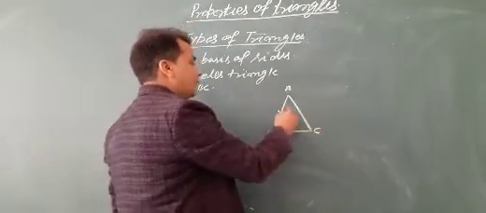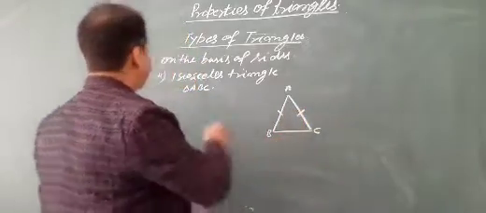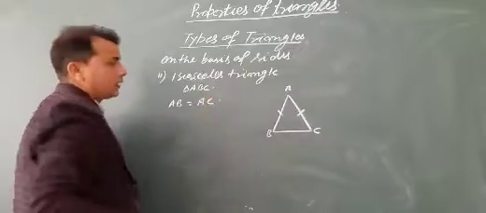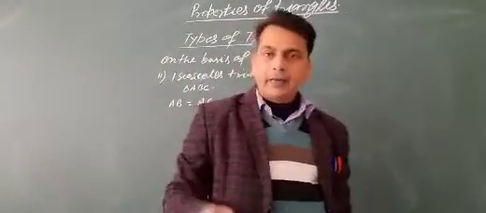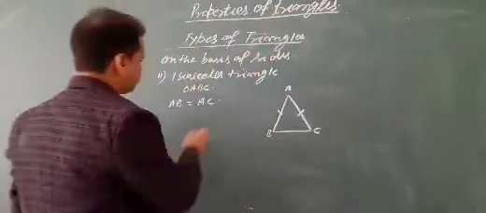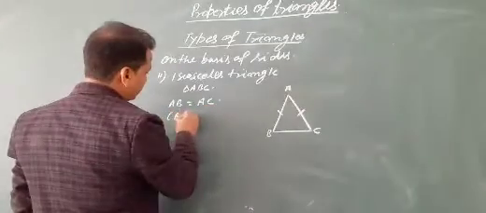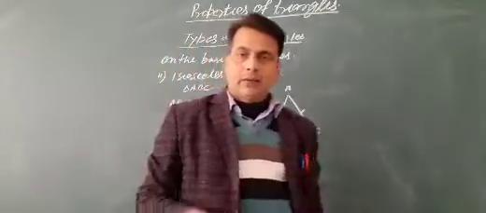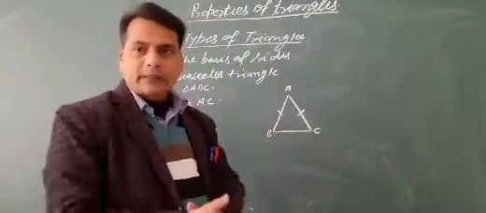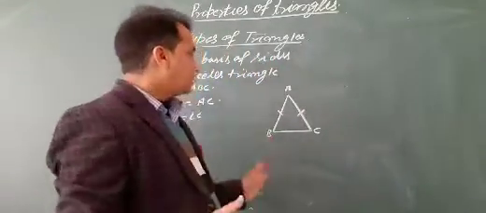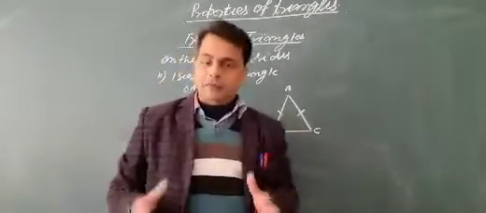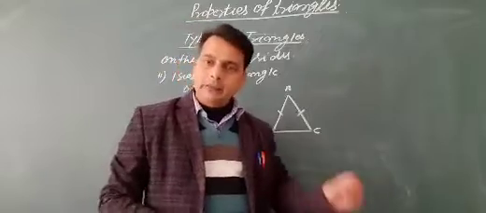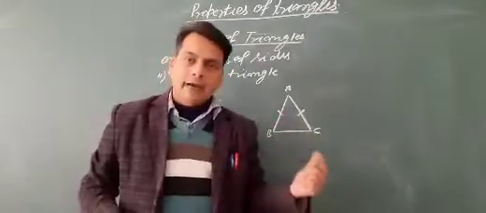So AB equals AC, and angle B equals angle C. It is clear that when two sides of a triangle are equal and the base angles are equal, this type of triangle is known as the isosceles triangle.